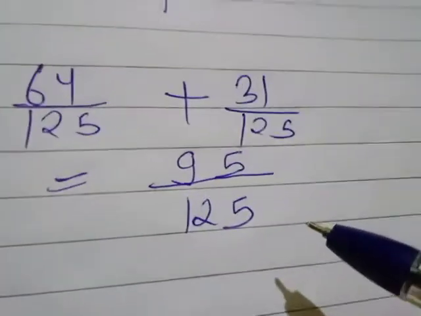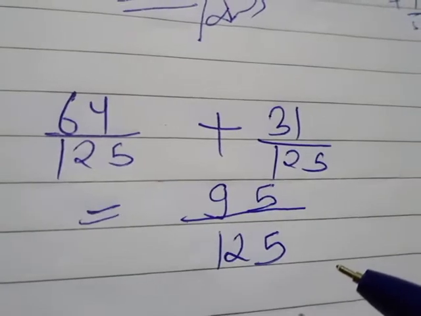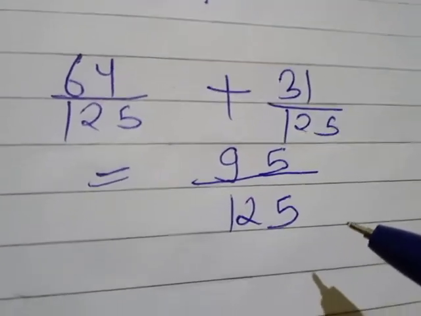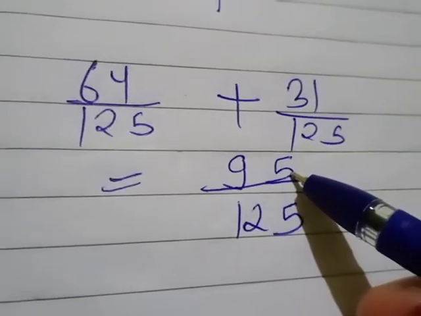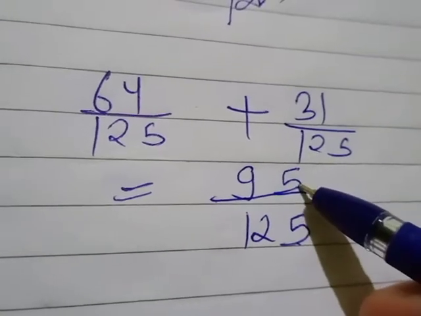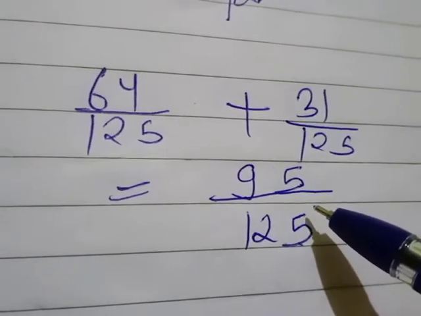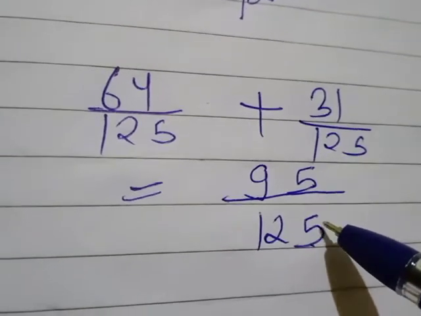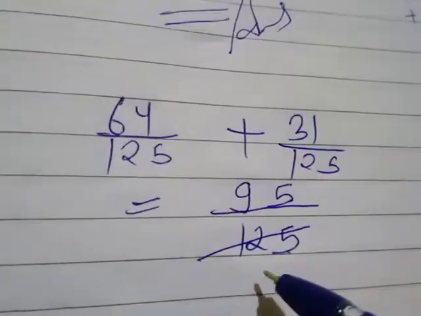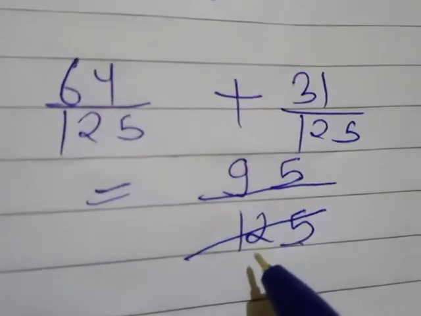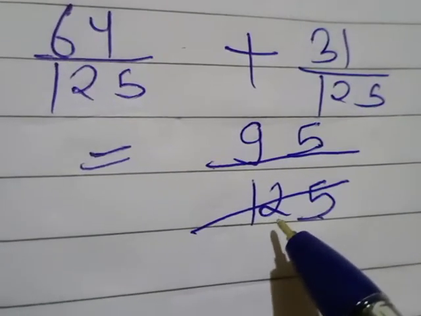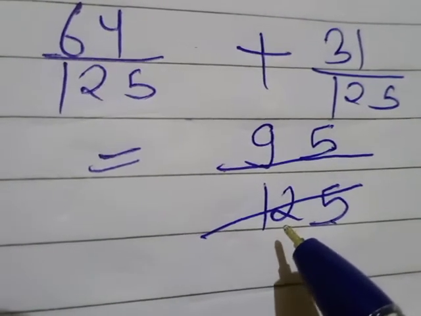But in this question, if you see 95 and 125, both the numbers in one's place, it is 5. One's place is 5 means both of them will be divisible by 5. Clear? How to divide with 5, you see. Cut this 125 first. In the table of 5, we don't get 12, but less than 12 we get 10.